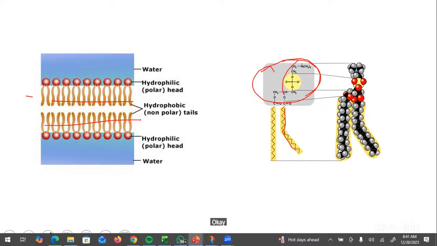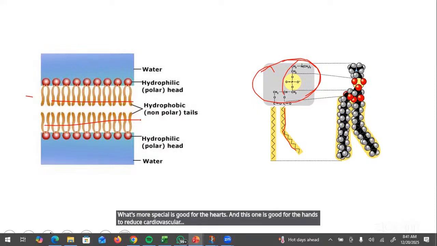Okay. So now, there was something that happened, right? I was questioning why they sell oil in a clear container, more especially those oils that they told us are good for the heart, that will reduce cardiovascular disease.